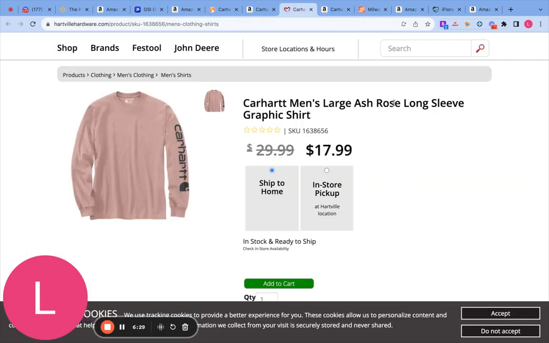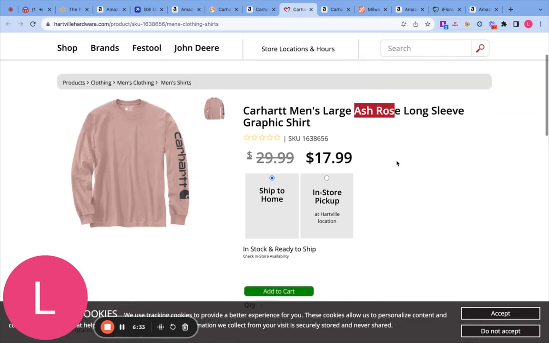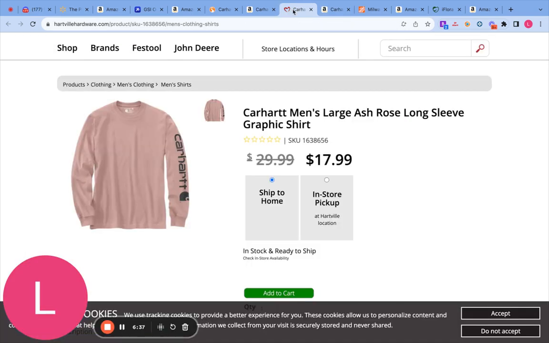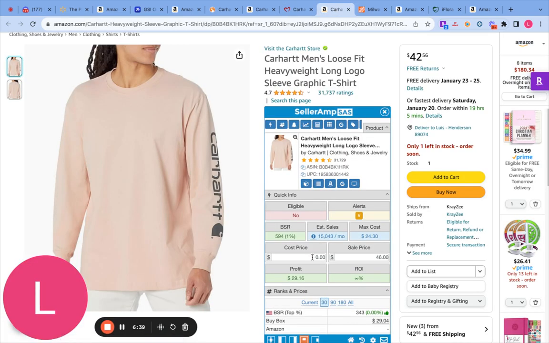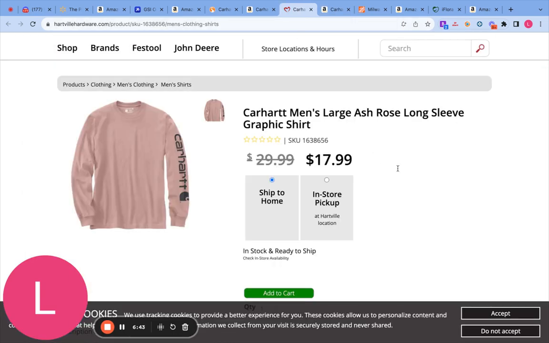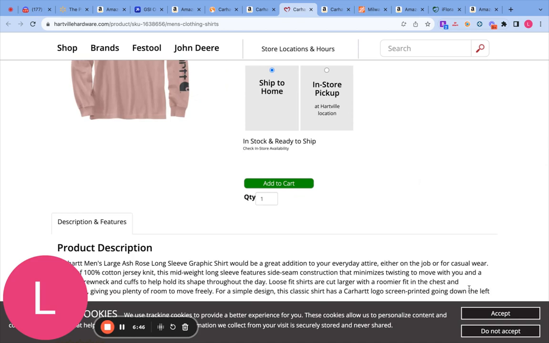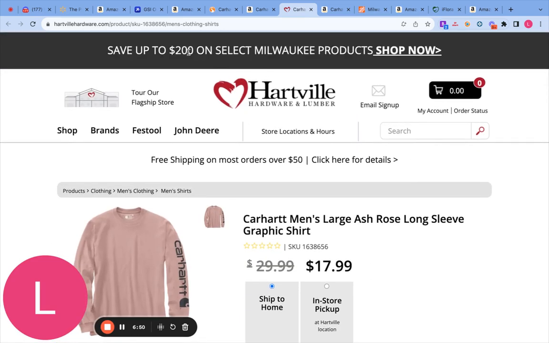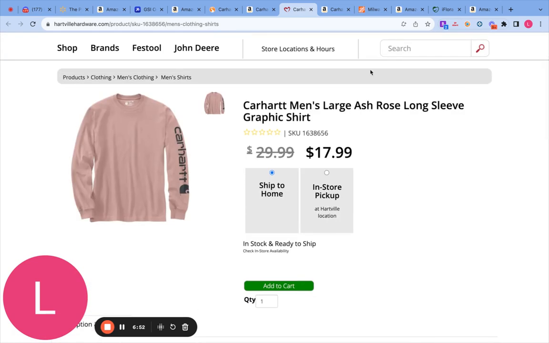I mean, the color seems off, but here it's saying ash rose, right? So I think it's good. Yeah, so $17.99 is the cost. Yeah, there's no discount codes. Okay. Yeah, it looks good.